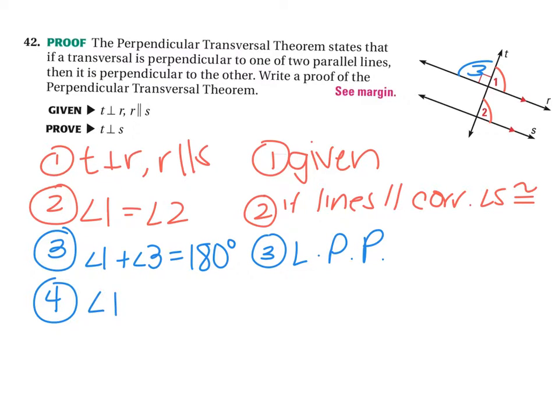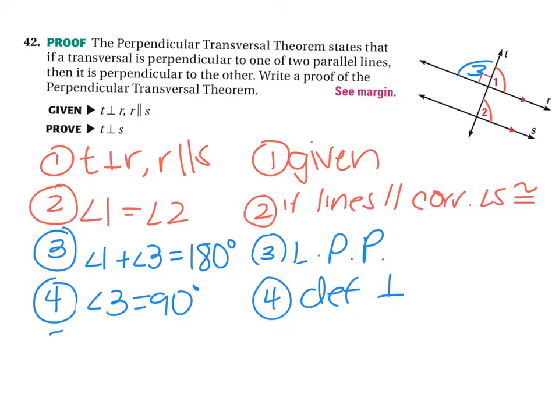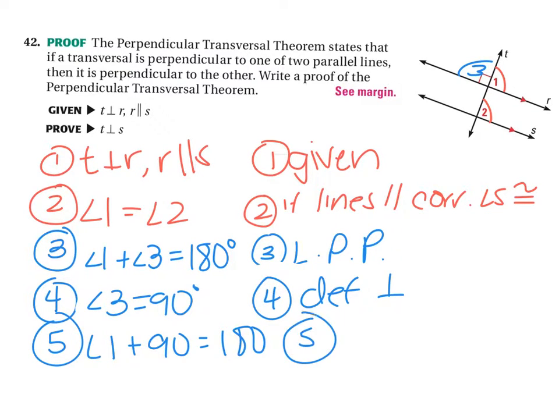Oh, I would have had to say that angle 3 equals 90 degrees. Sorry, hang on. And that's the definition of perpendicular. Now I can say angle 1 plus 90 equals 180. And that's substitution.